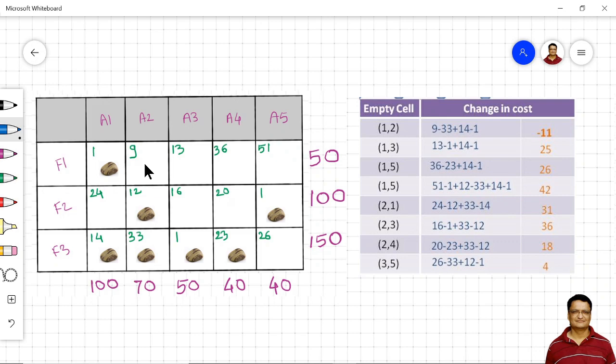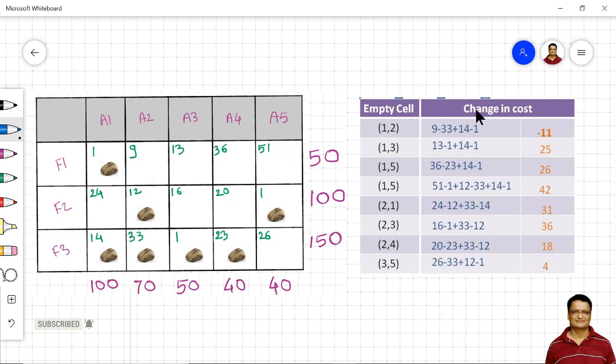If it is going to decrease the transportation cost, I will allocate certain units over here, and if it is going to increase the transportation cost, then I will not do that. To evaluate that, we have to find the quantity called the change in cost, and to do so we have to find all the empty cells. So here are 1, 2, 3, 4, 5, 6, 7 and 8 empty cells. So I have recorded all these 8 empty cells over here.